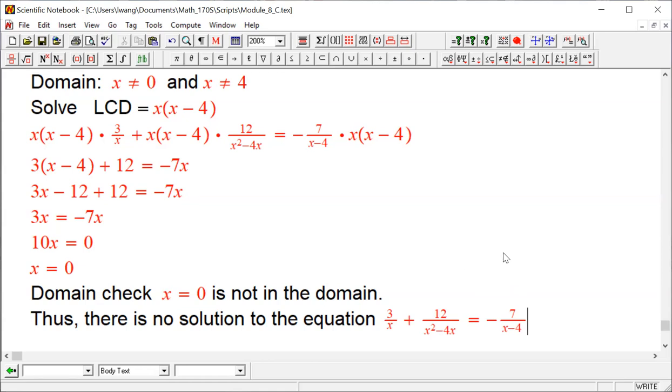It really depends on the situation. And this shows the importance of checking the potential numbers you've found, going back to the original equation. So always check, domain check and equation check, to make sure the number we found is indeed the solution.